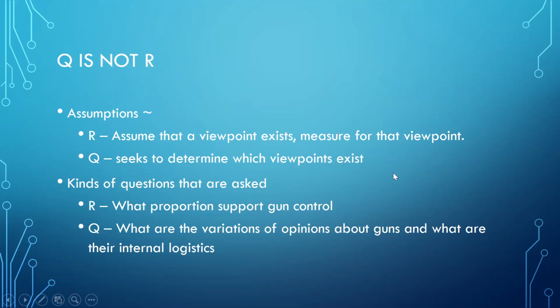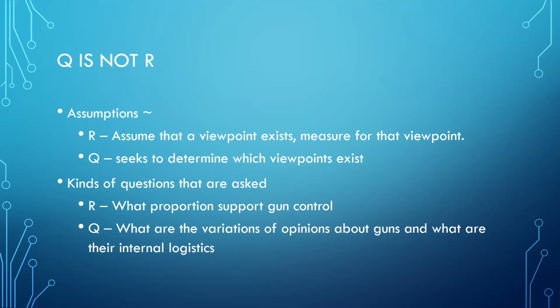Whereas Q methodology seeks to determine the viewpoints that exist. So Q methodology presents a lot of different ideas, a lot of different thoughts, and analyzes what the variations of opinions are about guns, is what I have on the PowerPoint, but about the COVID-19 vaccination process.